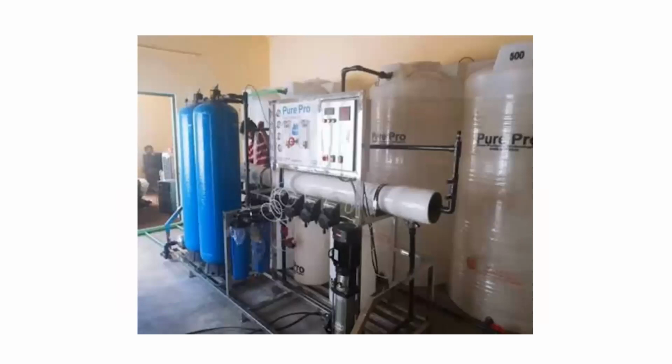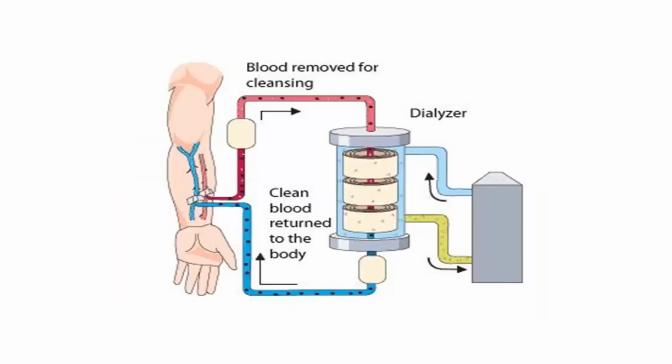Now, this is the basic circuit. This you have to understand, because this is a permanent vascular access, which is called an arteriovenous fistula. You take blood from the arterial line and pass it to the arterial blood tubing. From the blood tubing, it goes to the dialyzer, as I have said, and passes through the capillaries.